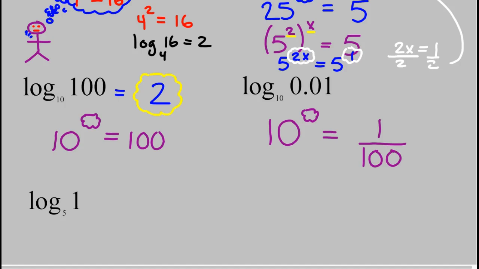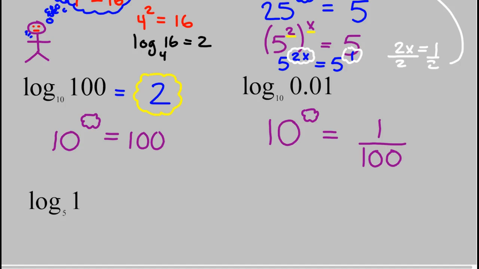How do I take a 10 to a power and make it 1 over something? Negative, right? When you have a negative exponent, isn't that what flips the base? So 10 to the negative 1 power would be what? 1/10.